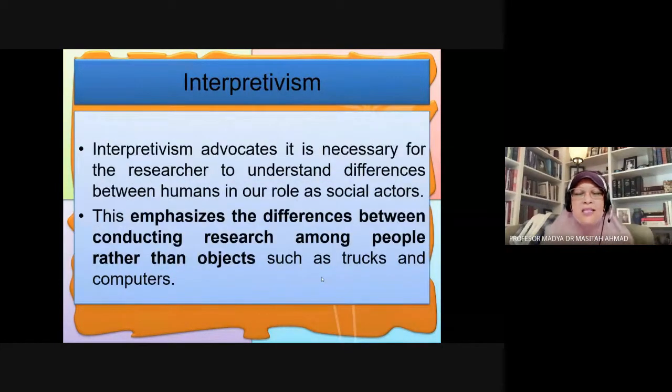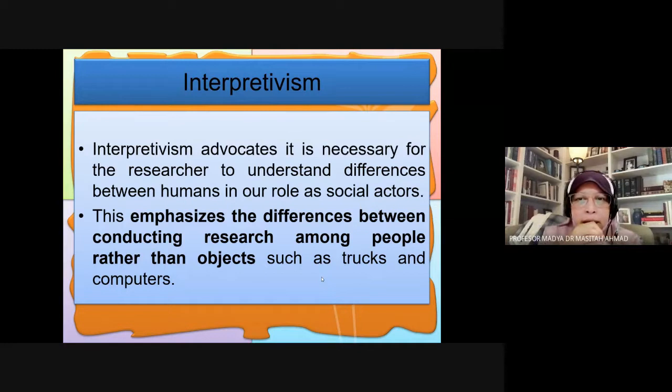Okay, next and last in this philosophy is interpretivism. Interpretivism advocates that it is necessary for the researcher to understand differences between humans in our role as social actors. It emphasizes the differences between conducting research among people rather than objects, such as trucks and computers.